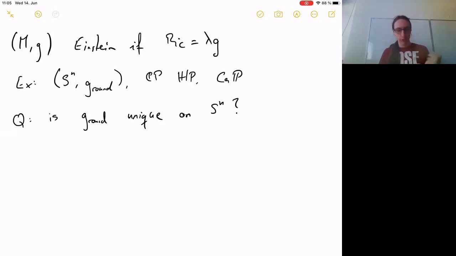One thing that's pretty trivial is that if the dimension is small, then it's obviously unique. In dimension 2, let's assume you define Einstein in a way that the constant has to be constant and not depend on the point. Then in both dimensions 2 and 3, the Einstein condition is equivalent to constant sectional curvature, and of course then there's only one metric.